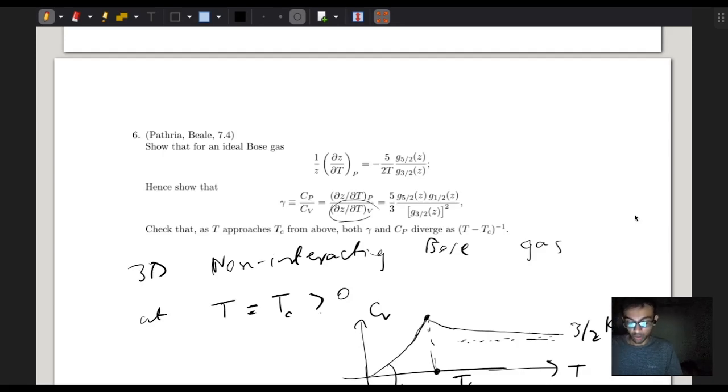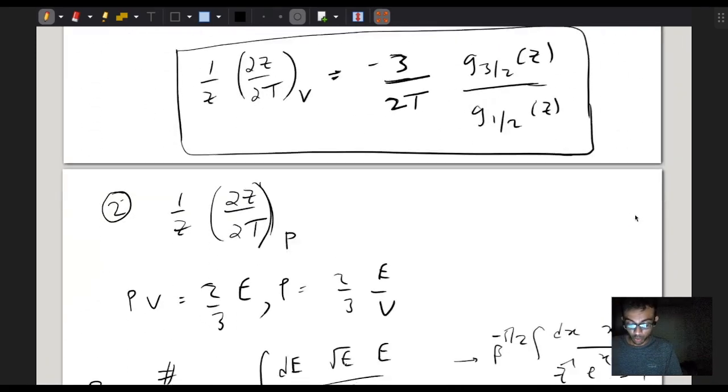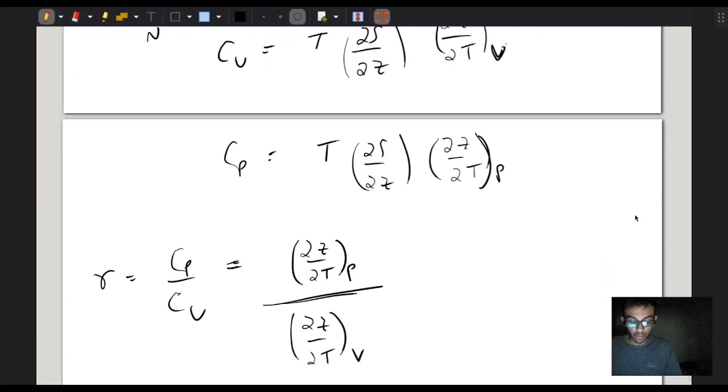So now let us make use of what we derived about these derivatives.